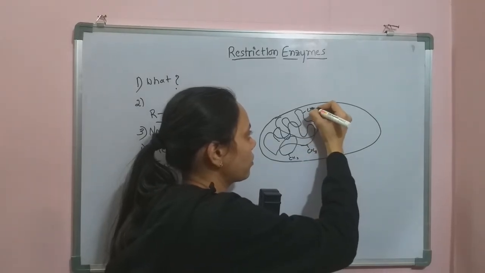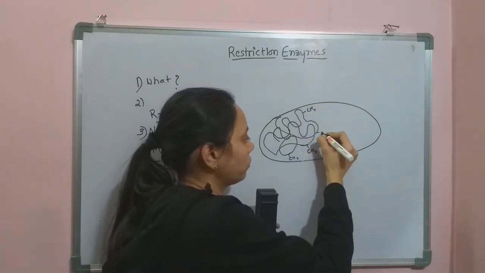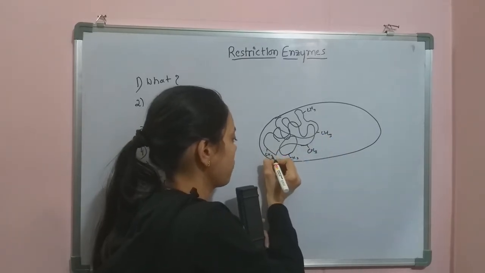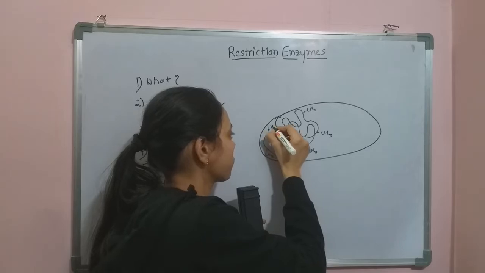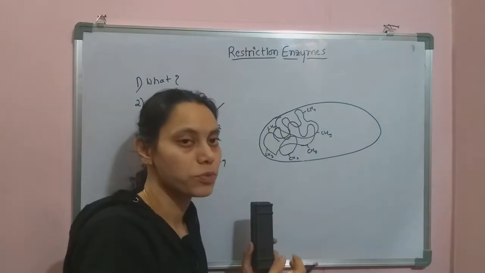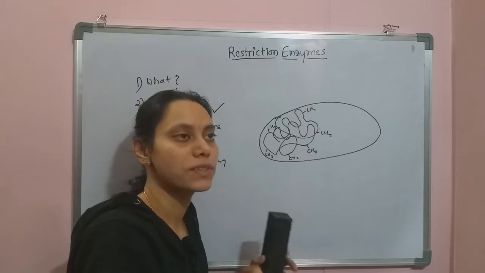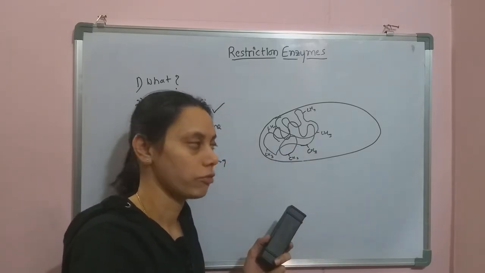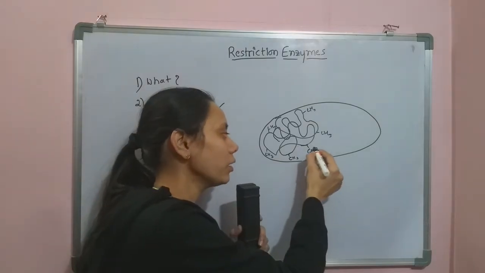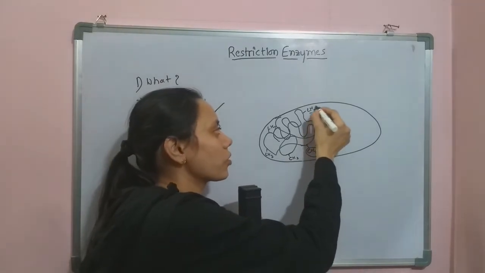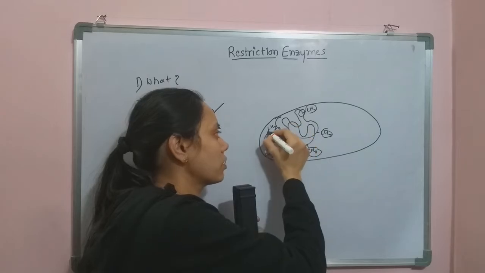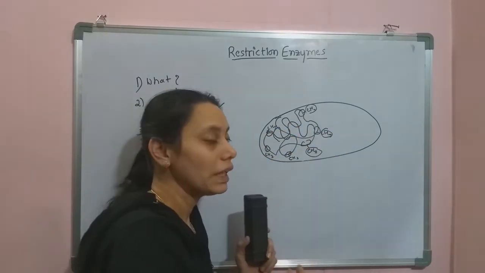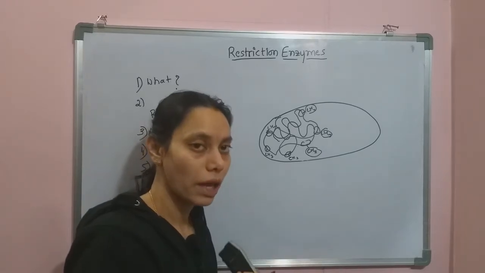Once the bacterial replication is finished, these methyl groups attach to the newly synthesized bacterial DNA. These methyl groups protect the restriction sites and protect the DNA from digestion by its own enzymes.